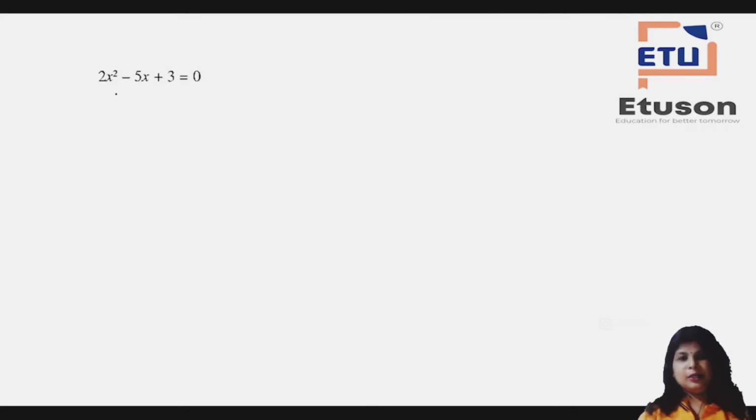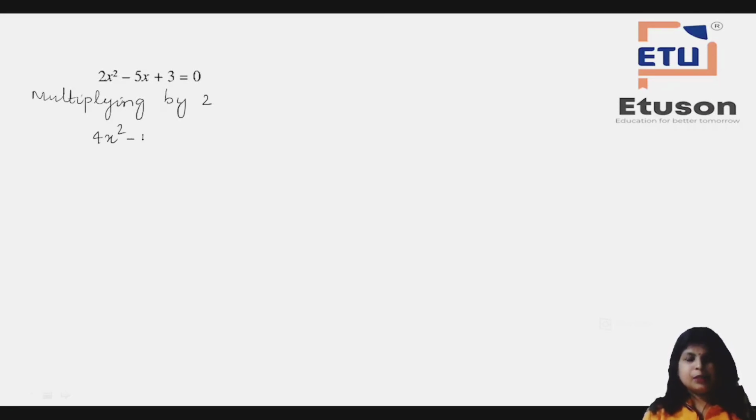So here you have 2x square minus 5x plus 3. So what is the coefficient of x square here? It is 2. So what I will do, I will multiply. So multiplying by 2, your quadratic equation will become 4x square minus 10x plus 6 is equal to 0.